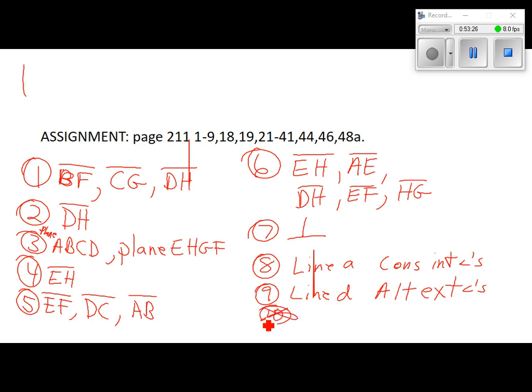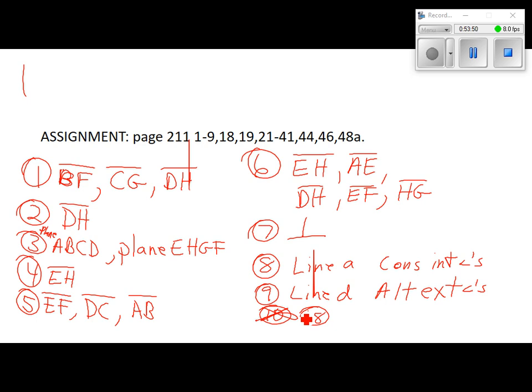Oops, not number 10. Jump to number 18. What type of angles are 3 and 10? On this, they give you some crazy picture this time, don't they?